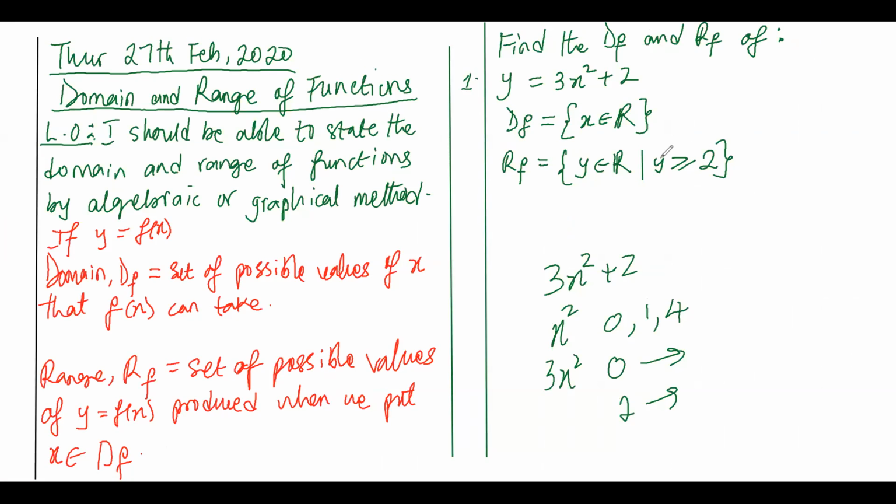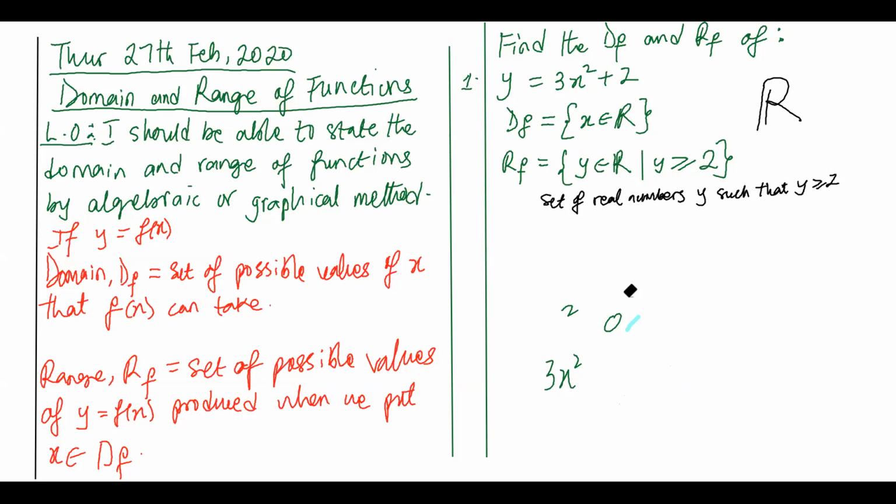This is how you read this: set of real number y, such that y is at least 2. When you open this bracket, that's like set of y belongs to R, set of real numbers. Remember the script R. This vertical line is read as such that y greater than or equal to 2. Am I making sense?